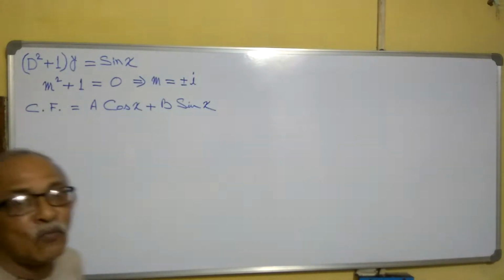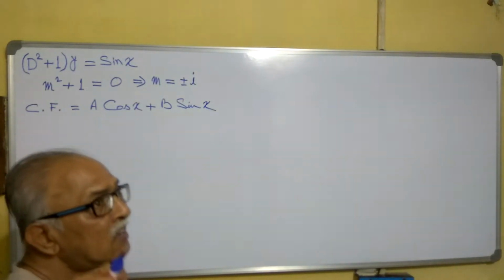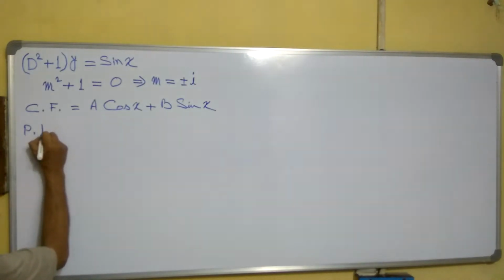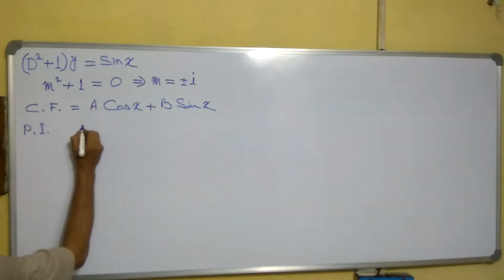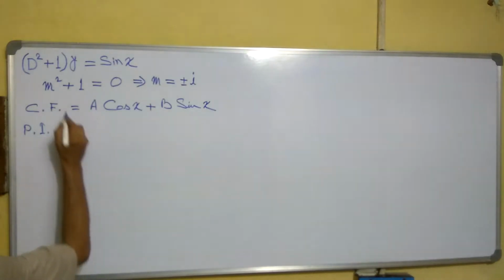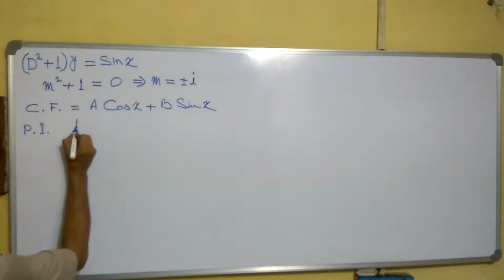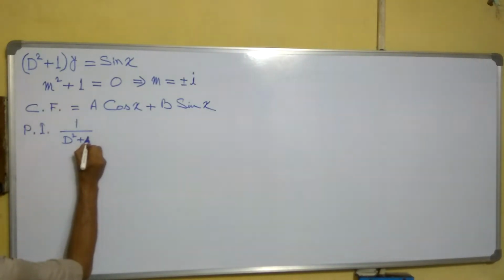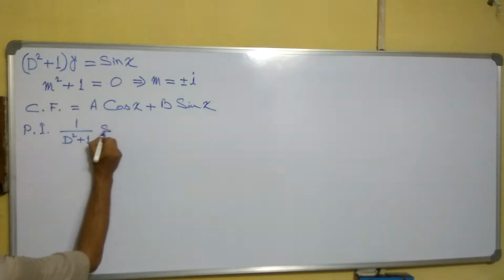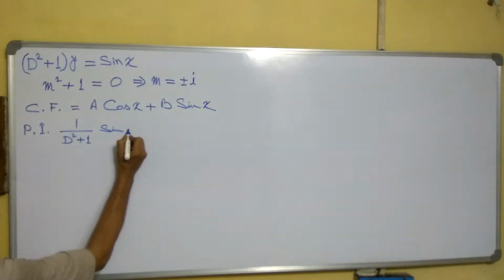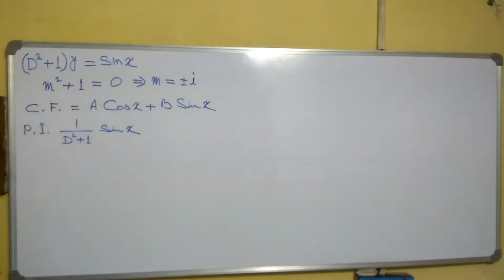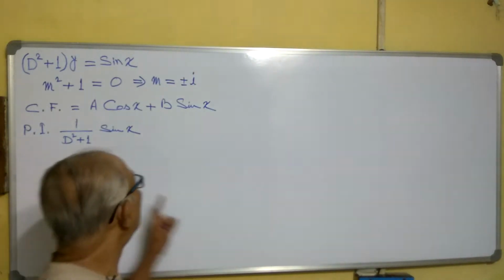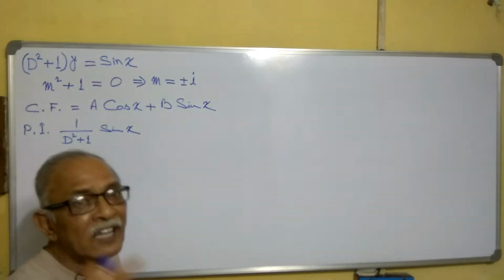Now, for the particular integral, see the method carefully. For the particular integral, what we are doing is 1 by D square plus 1 of sin x. Now see, as we usually do, we take D square as minus a square.